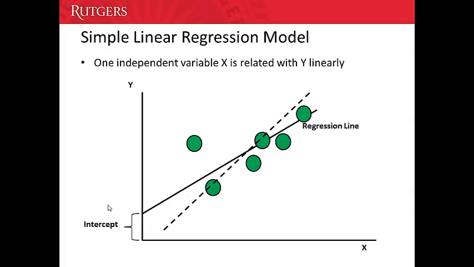When the x value equals 0, the y value will be the intercept. This observation is the observed value for this data point. But when we consider the estimated value, there is a difference between the observed value and the estimated value. The difference we call the error. For the simple linear regression, we try to reduce the error to make the regression line fit most of the data sets.